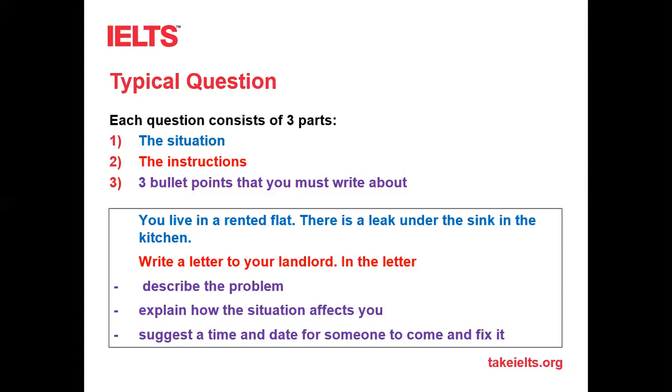You live in a rented flat and there's a leak under the sink in the kitchen. The instructions are in red. Write a letter to your landlord. And the bullet points are what you have to include in your letter. You have to describe the problem, explain how the situation affects you, and suggest a time and date for someone to come and fix it.